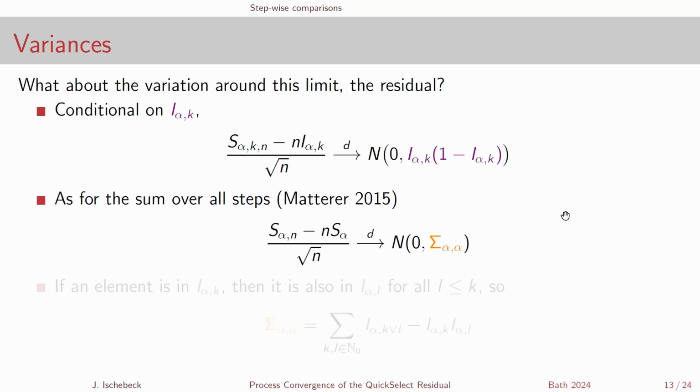Yeah, I think it's definitely possible, because on this level these convergences hold jointly, and then basically we use these convergences and Slutsky or something like that. So I guess it should be possible. I think so too.